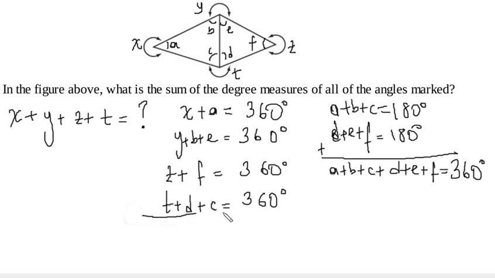And if we add the other equations side by side, we are going to get x plus y plus z plus t plus a plus b plus e plus f plus c plus d.